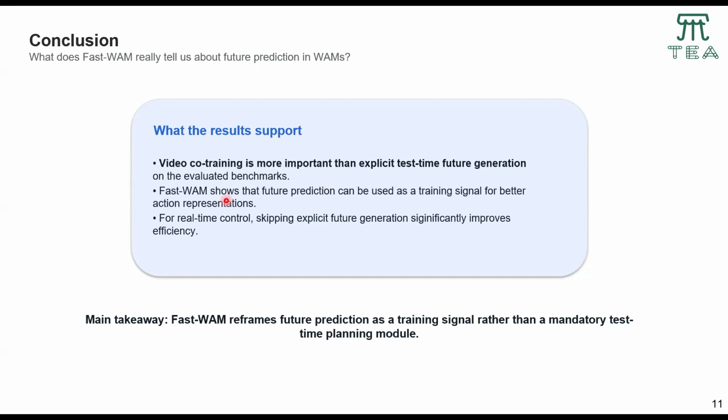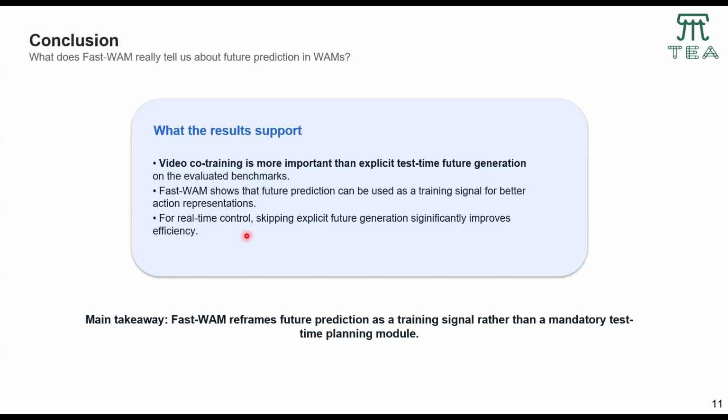And second, the future prediction can be useful as a training signal. Even if the model does not generate the future observation at test time, the video prediction objective can help learn better world or action representations.